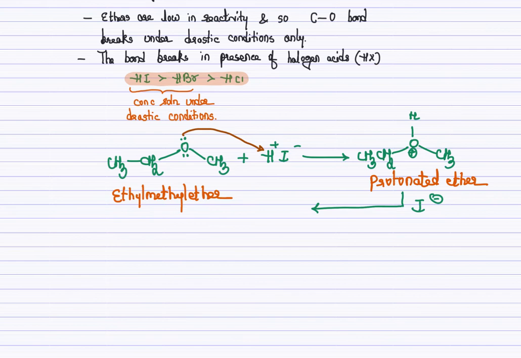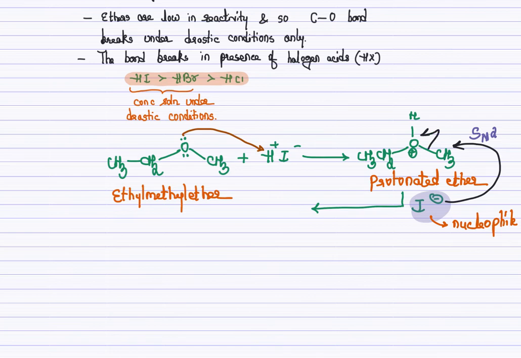So iodide here would act as a nucleophile, and it would attack the alkyl group, which is smaller. So here I say this is SN2. Because it is SN2, it always goes on to the alkyl group, which is smaller.